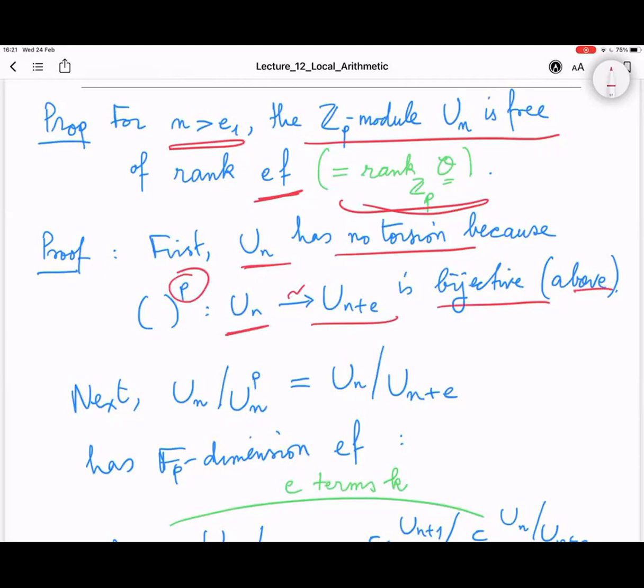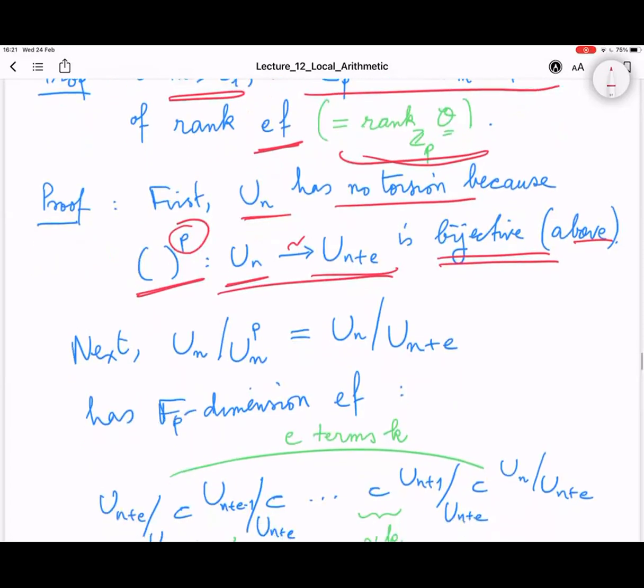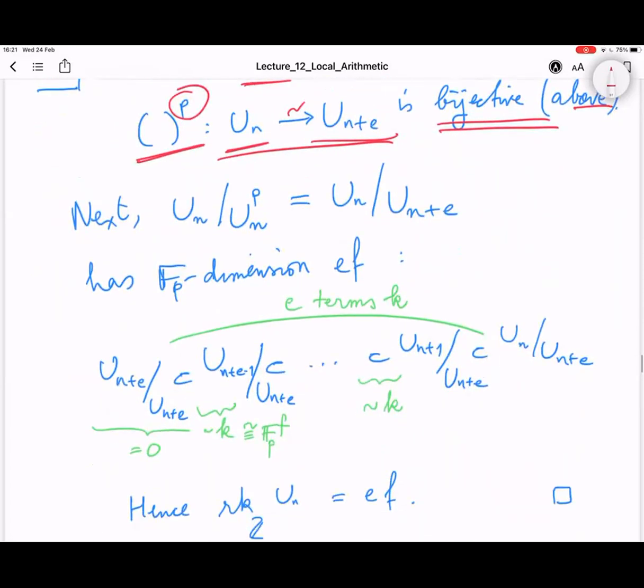That's what we have proved above. If there were torsion, this map would have some kernel, and it doesn't have any kernel because these are all isomorphisms. So there's no torsion.